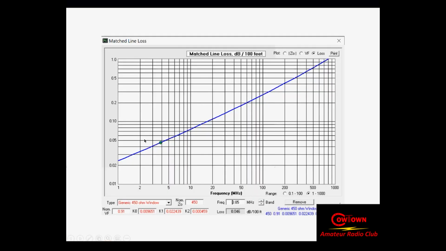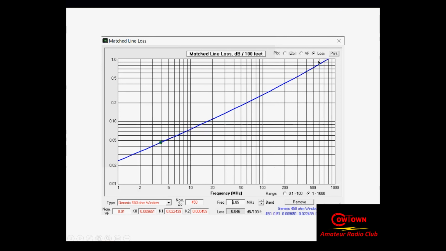So this particular one, it shows match line loss in dB per 100 feet for Dave Martin's favorite 450 ohm window line. And notice this is dB over here, and even at 800 megahertz, it only has 1 dB of loss per 100 feet.